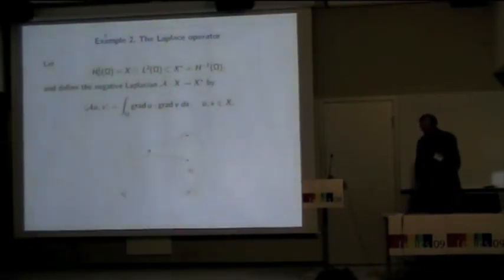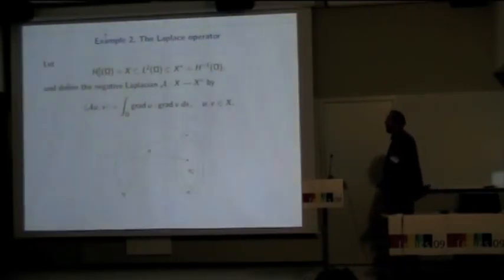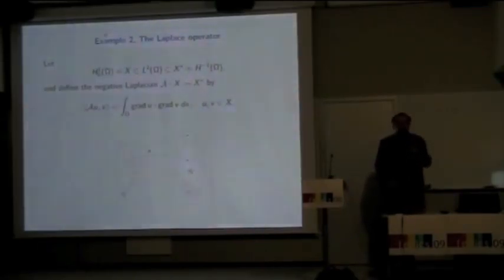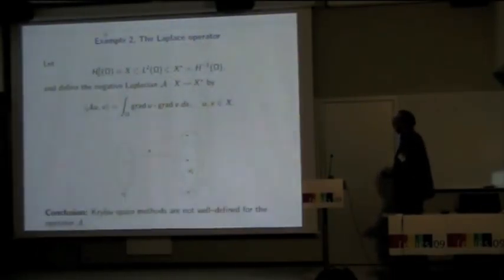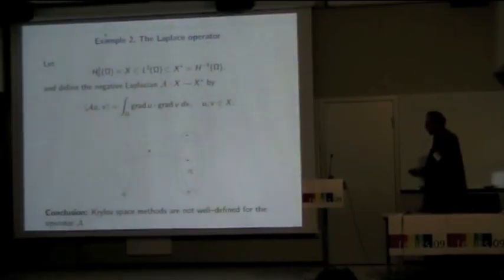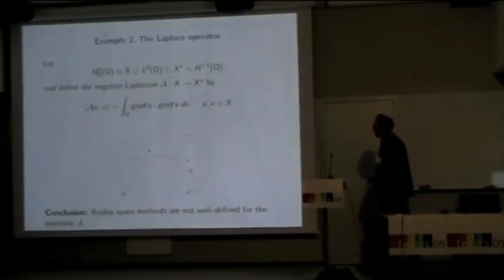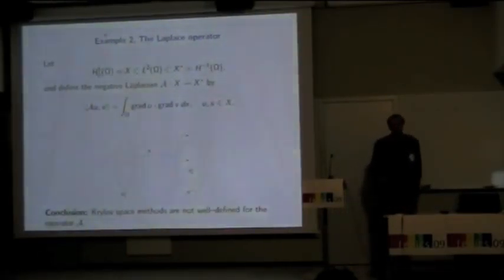So the conclusion is that the method we use all the time for discrete systems is not even well defined for the continuous system itself that we really try to approach when we refine the mesh and so on. So Krylov methods are not well defined for these problems.